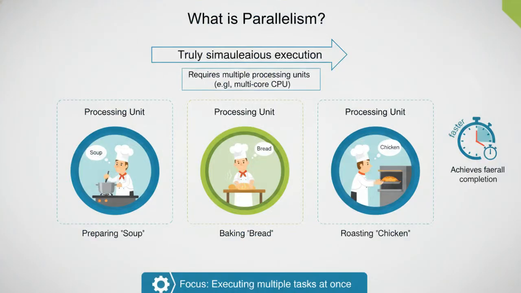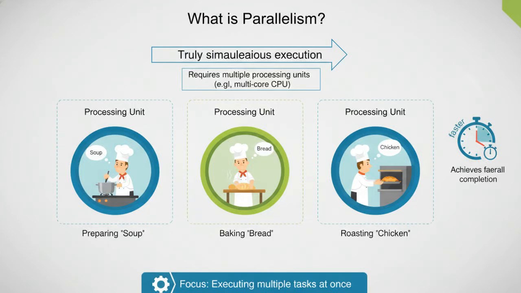Now, let's shift our focus to parallelism. While concurrency is about managing multiple tasks, parallelism is about literally doing multiple tasks simultaneously. This requires multiple processing units or resources. Think of our kitchen analogy again, but this time, instead of one chef juggling tasks, you have multiple chefs, each with their own workstation and ingredients, simultaneously cooking different dishes.